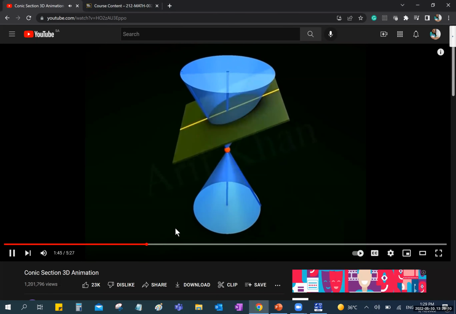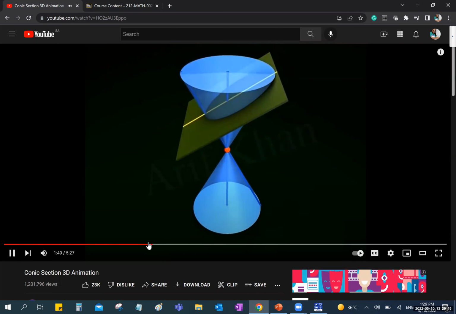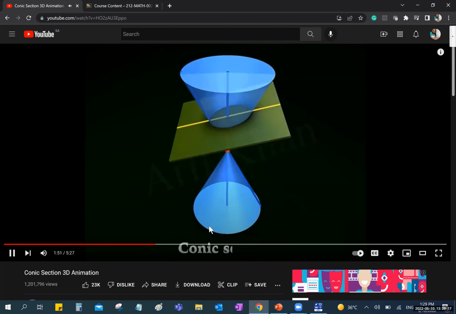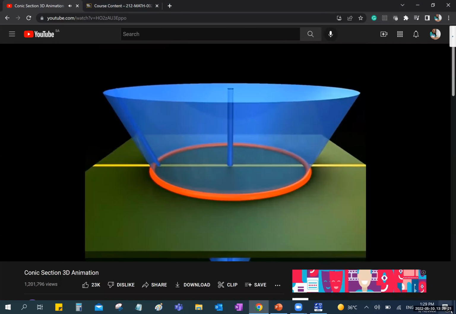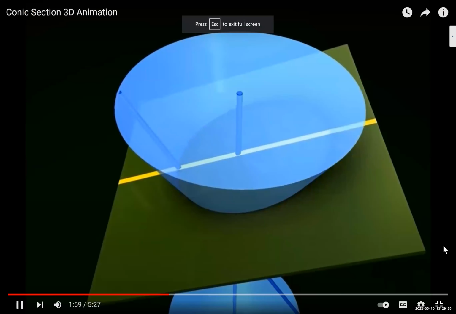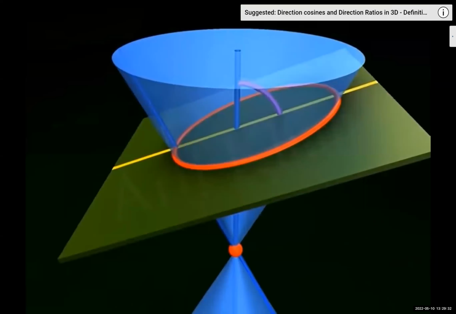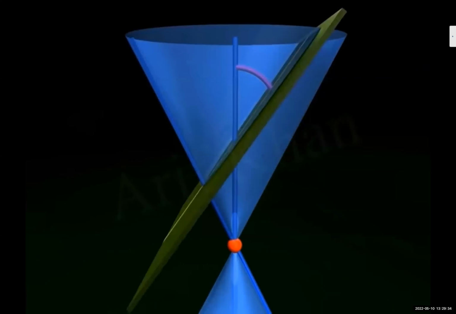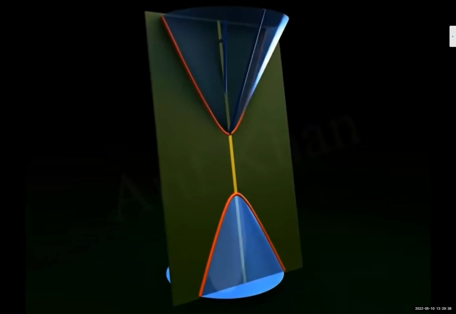Circular cone, we get two-dimensional curves of different types. These curves are called conic sections. Depending on the angle made by the plane with the vertical axis of the cone, the plane can cut the cone in 3 different ways. Ellipse.